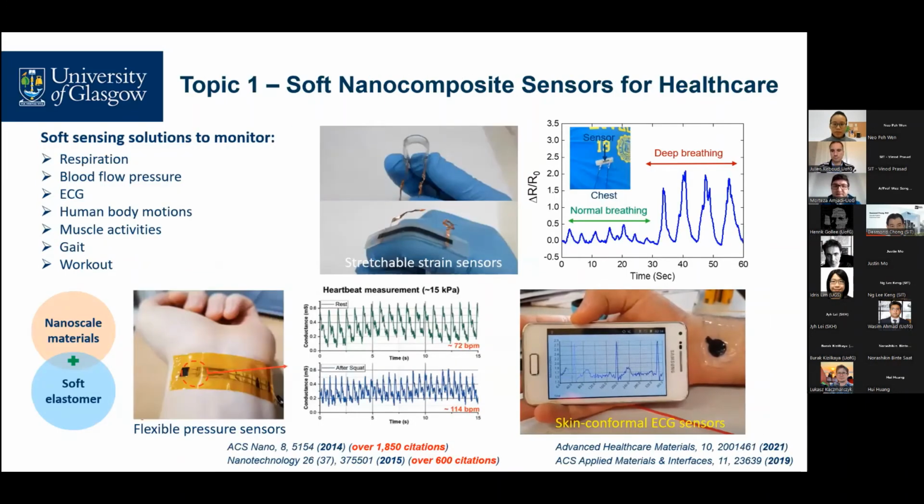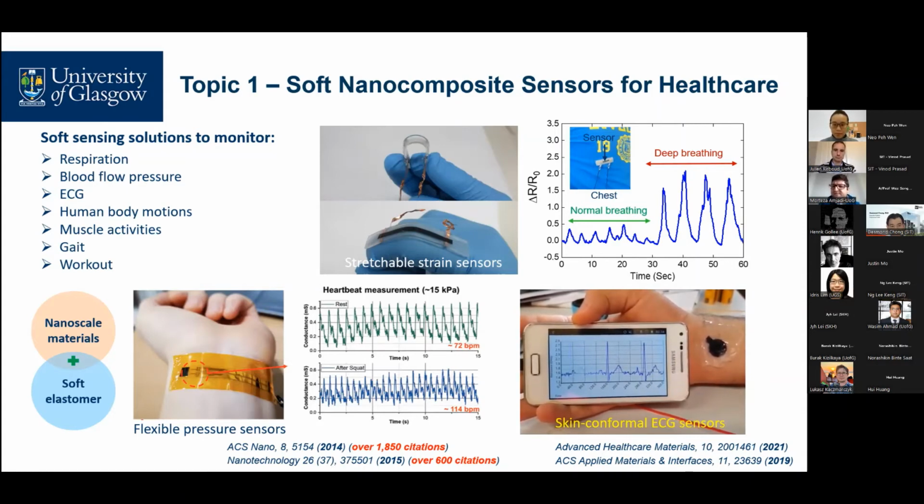In the area of soft sensors, we have developed soft sensor solutions to monitor respiration, blood pressure, blood flow pressure, ECG, human body motions, muscle activities, gait, and workout. On the top figures, you see we have developed stretchable strain sensors, which are very flexible and can be placed onto the skin or onto the clothing directly.